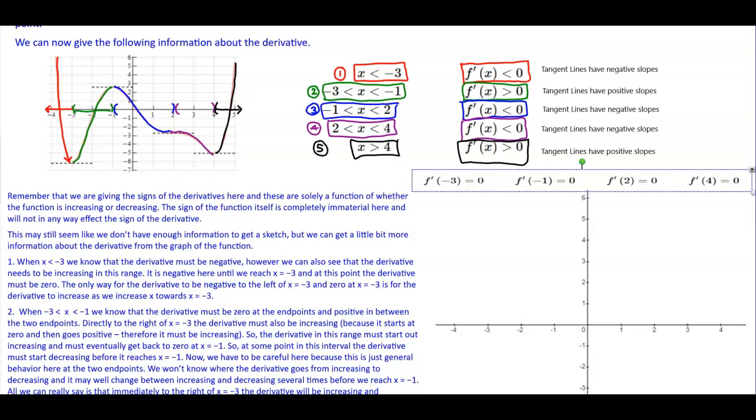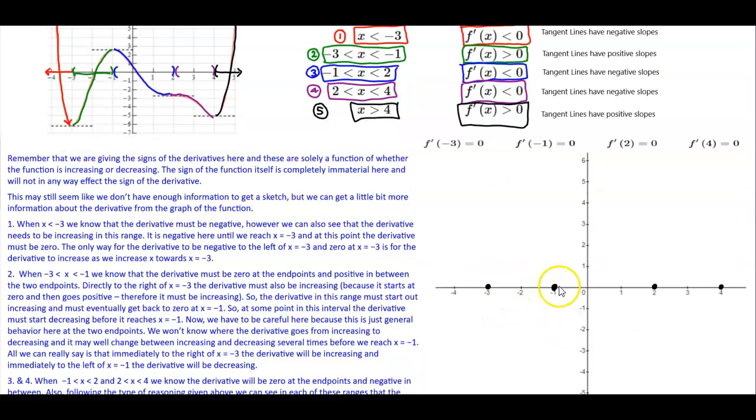So at f prime, we have -3 and 0. Then we have f prime of -1, and that's 0. Then at 2, it's also equal to 0. And then at 4, it's also equal to 0.